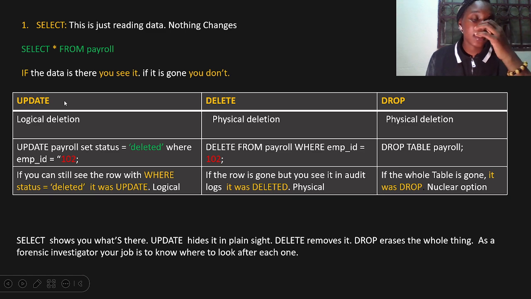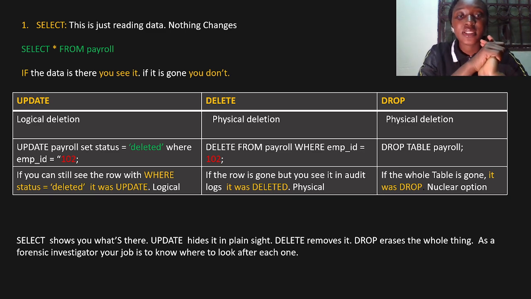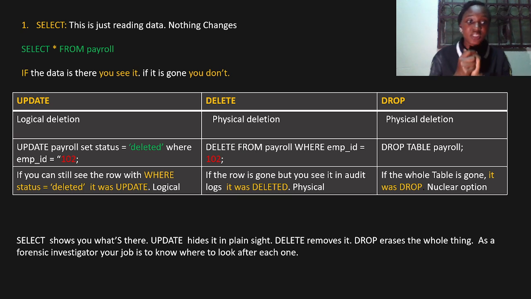So now looking at the next command, update. Update is logical deletion, and what it simply does is it modifies the data. It falls under DML, that is data manipulation language. So it's simple.